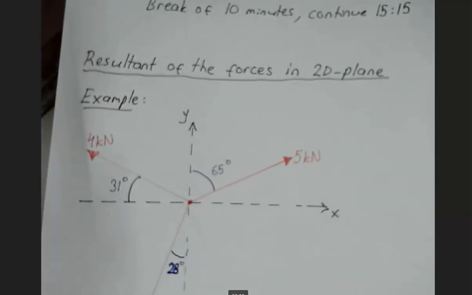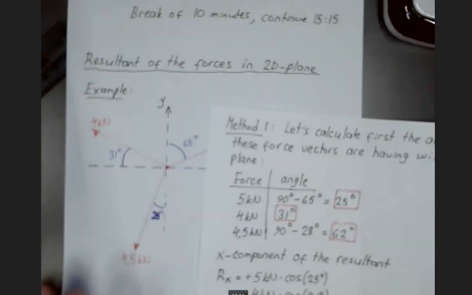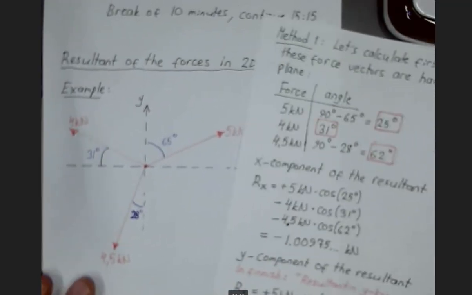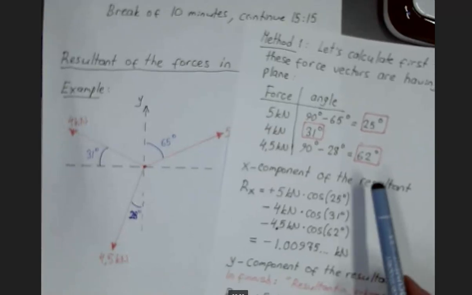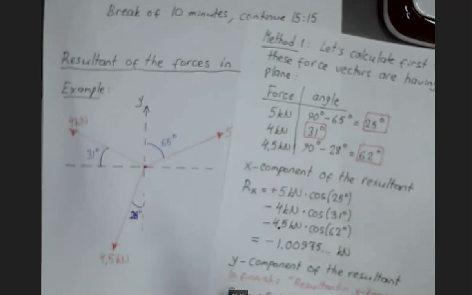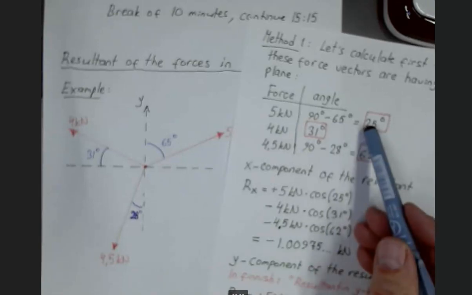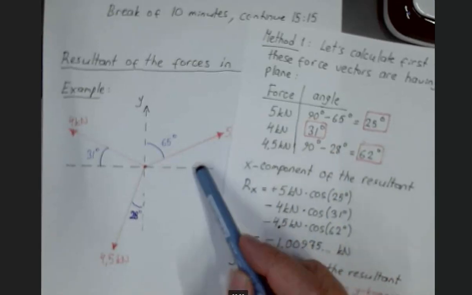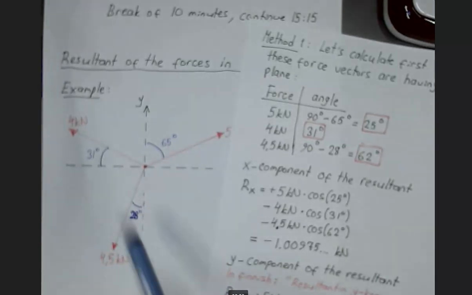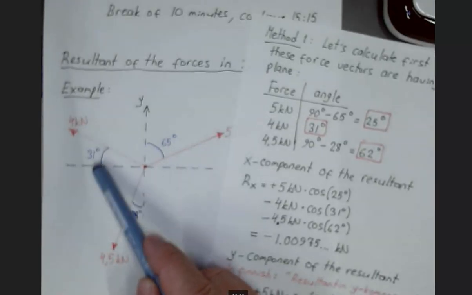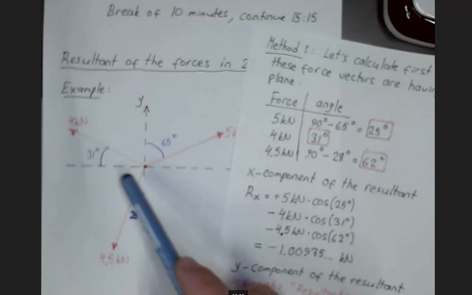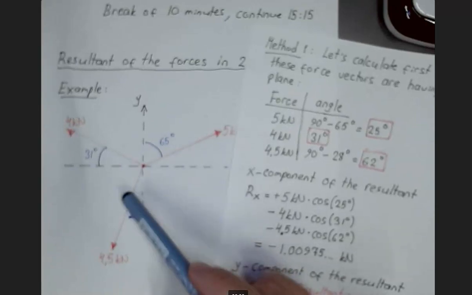I had this picture here. I first calculated those angles between the horizontal plane and the force vector. So these were all calculated from the horizontal plane. This was actually given in the problem, but these two angles needed to be calculated.